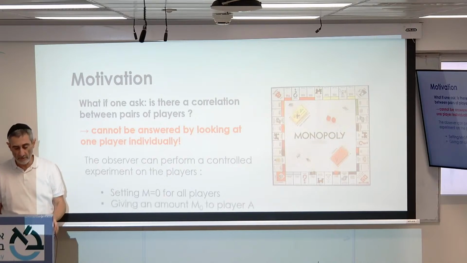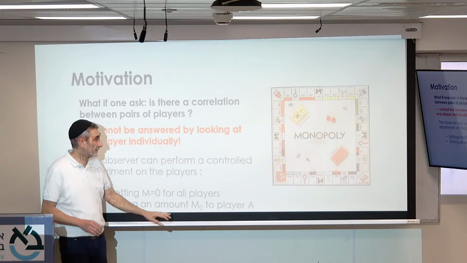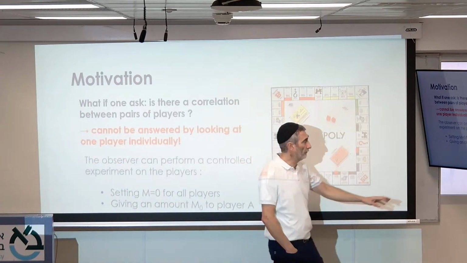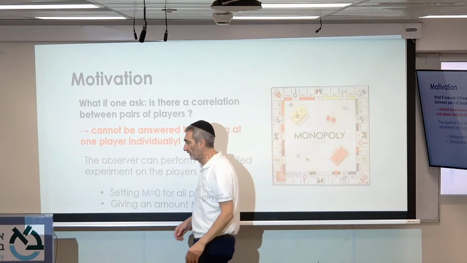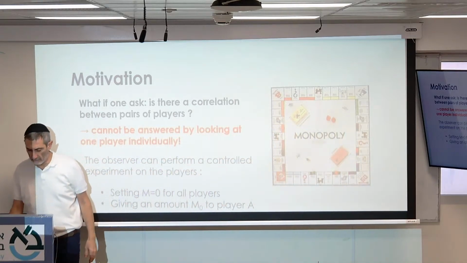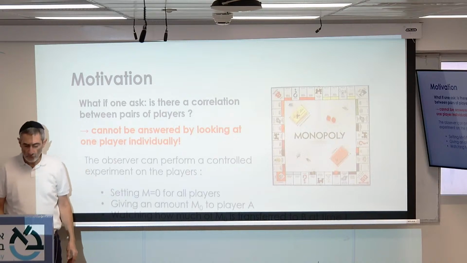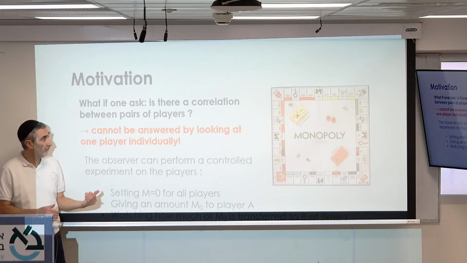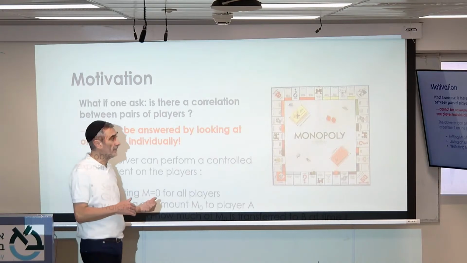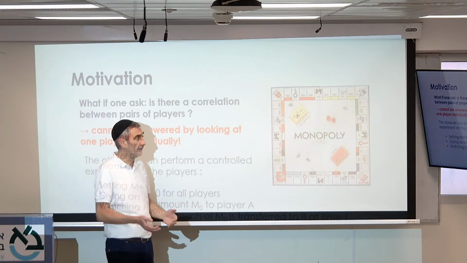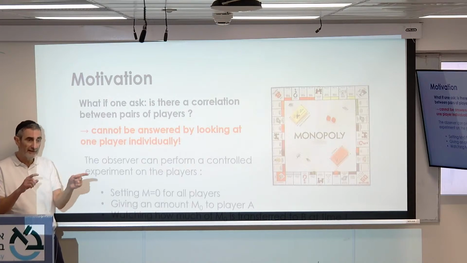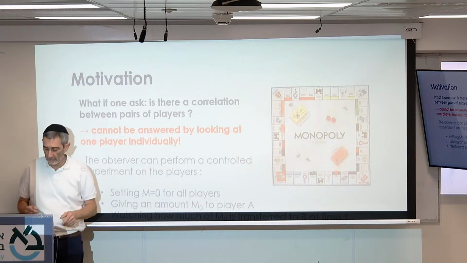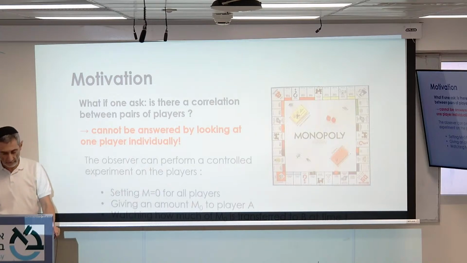So one player, player A, gets the amount of money M0. All the other players don't have anything. And at each step, you watch how much of M0 is transferred from A to another player B. This way you look at how two players are interacting with each other.